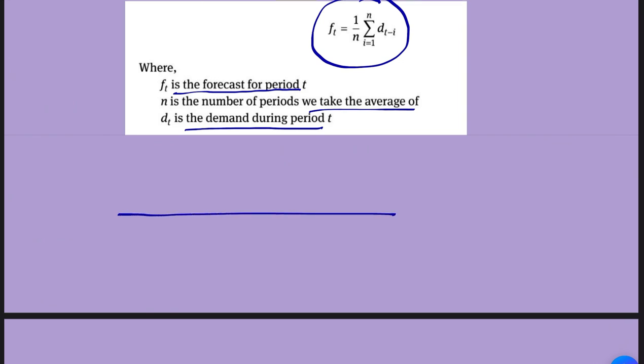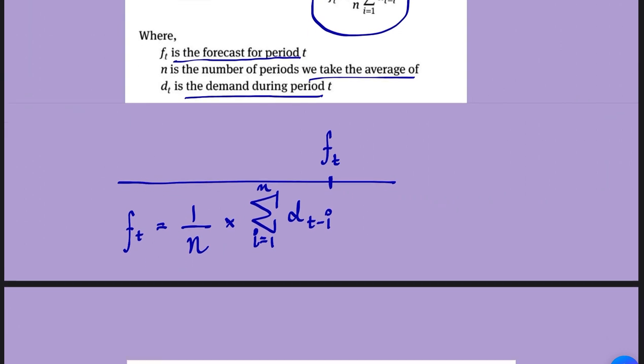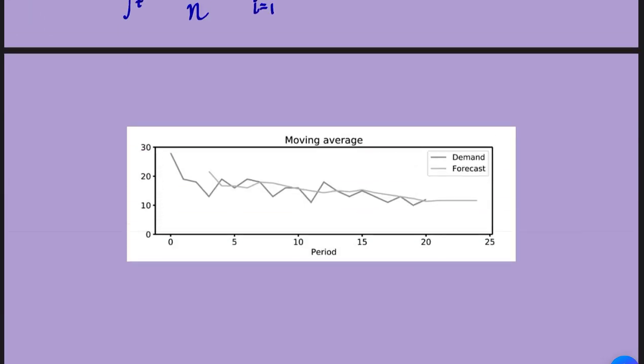So the forecast at time t will be the average of the previous n demands, d(t minus i), where i varies from 1 to n. I hope this point is clear.